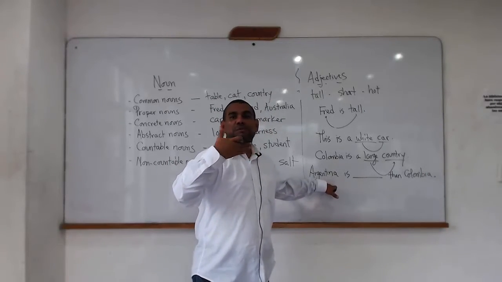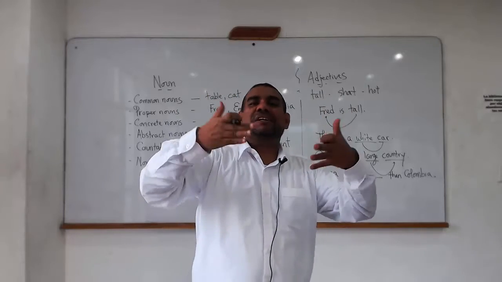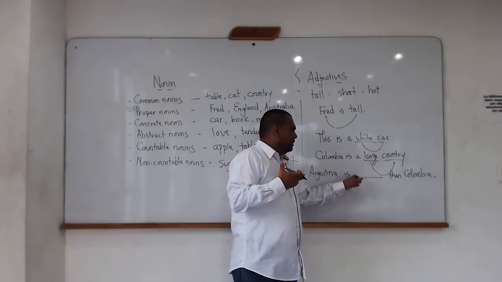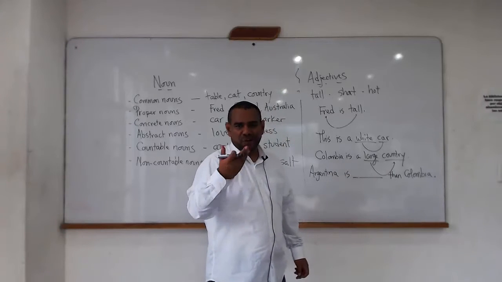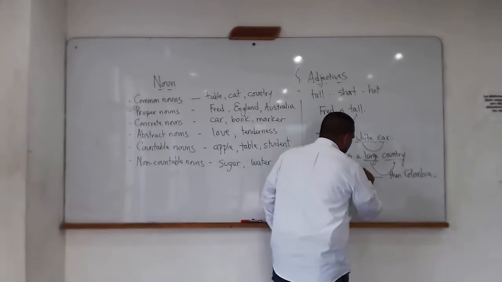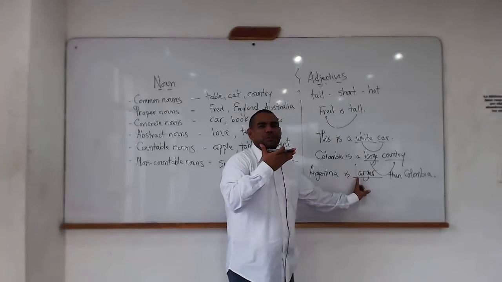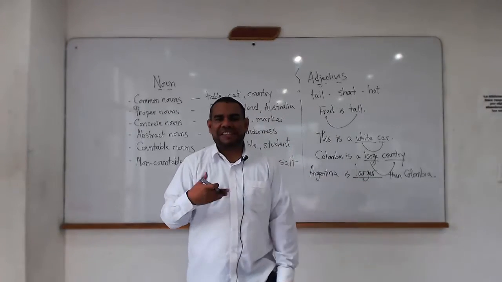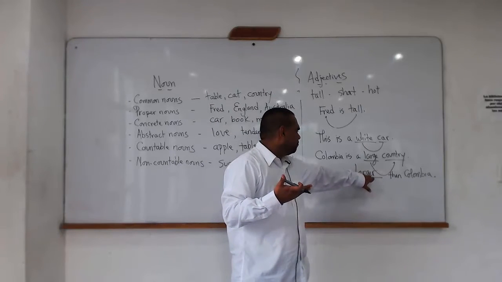Sometimes we will have the need to compare countries, compare items, compare people, compare actually whatever we want. And in this case, adjectives have to appear in another structure. So we say Argentina is larger than Colombia. Larger. This is a structure.